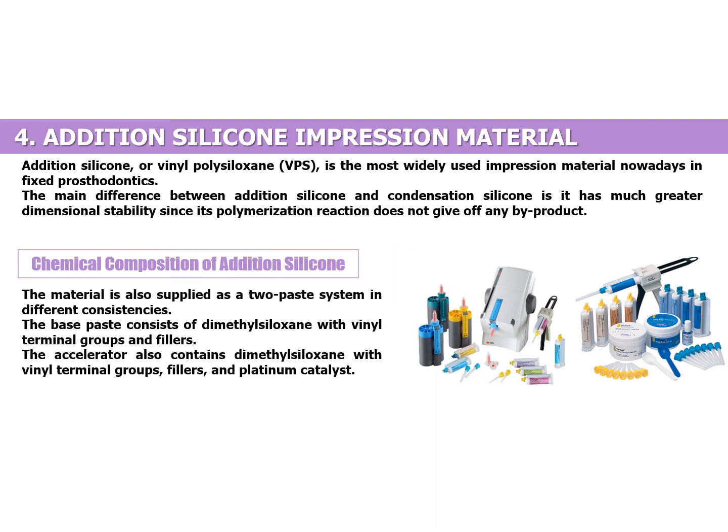The material is supplied as a two-phase system in different consistencies. The base consists of dimethyl siloxane with vinyl terminal groups and fillers, while the accelerator contains dimethyl siloxane with vinyl terminal groups, fillers, and platinum catalyst.